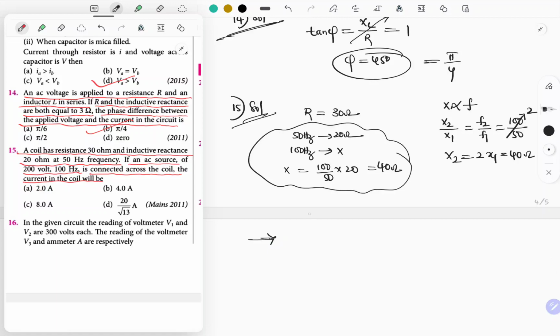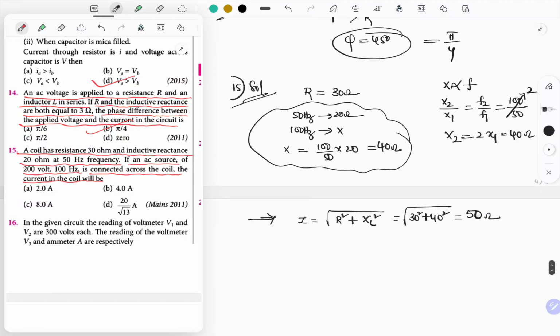So now I came to know what is resistance and reactance. What do I have to find out? I have to find out current in the circuit, right? Before solving it, first of all find out the impedance. Impedance is root of R square plus XL square, which is 30 square plus 40 square, equal to 50. We are very familiar with this number.